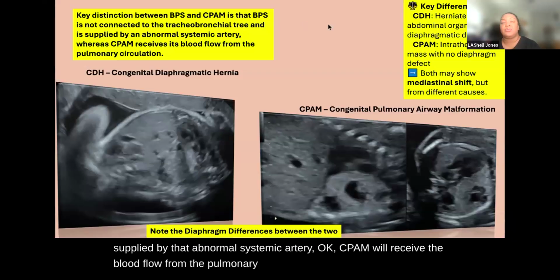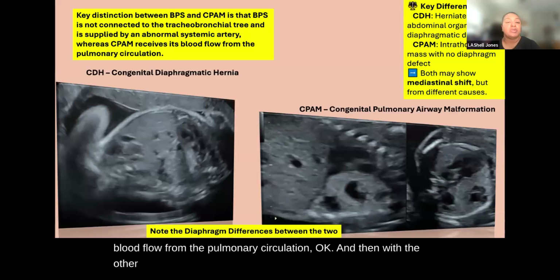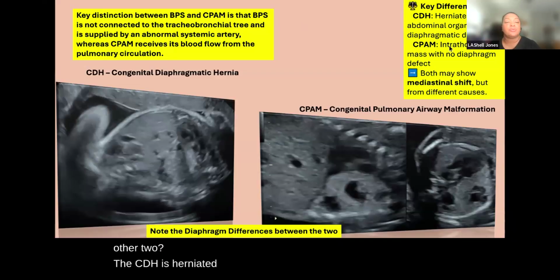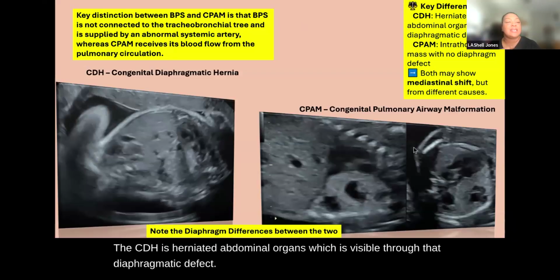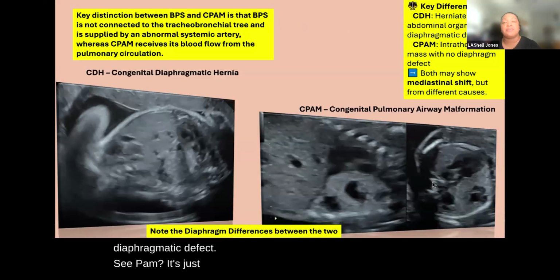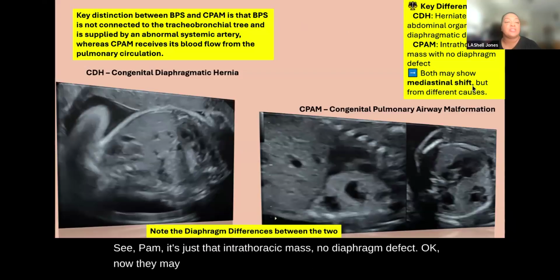And then with the other two, the CDH is herniated abdominal organs, which is visible through that diaphragmatic defect. CPAM is just that intrathoracic mass, no diaphragm defect. Okay, now they may both show the mediastinal shift, but it's from different causes.